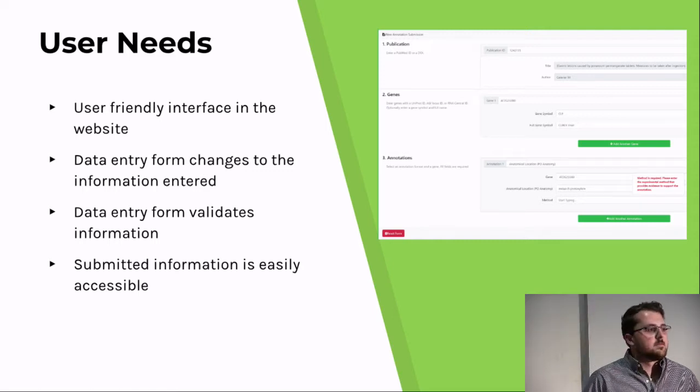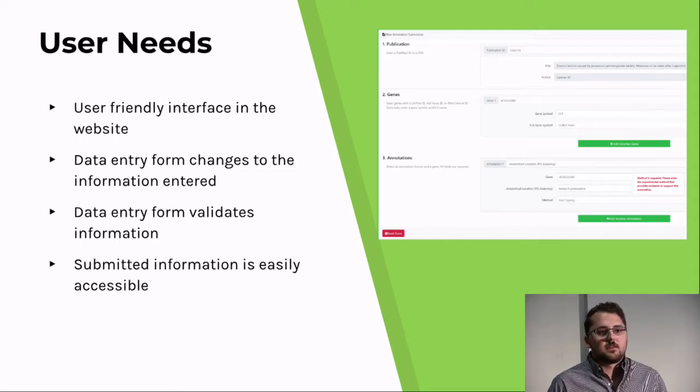In order to accomplish this, the website needs to have a very user-friendly interface so that it's as open as possible to researchers to go in and enter the information. To help along with this, the data entry form that we use for the submissions changes as the information is entered because there are different kinds of annotations that all require different kinds of information to be entered.